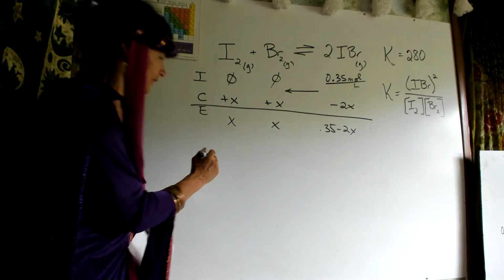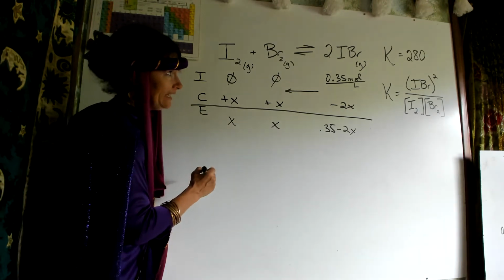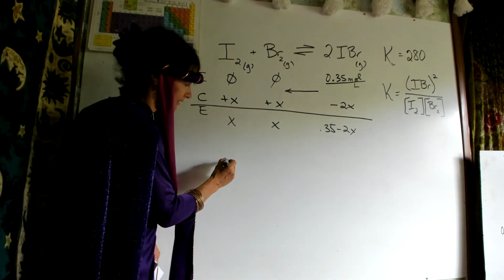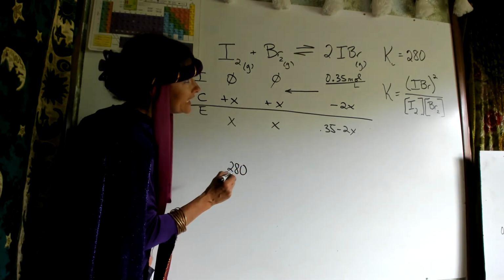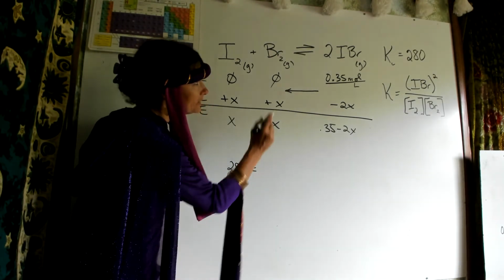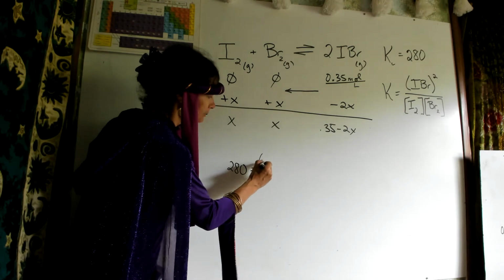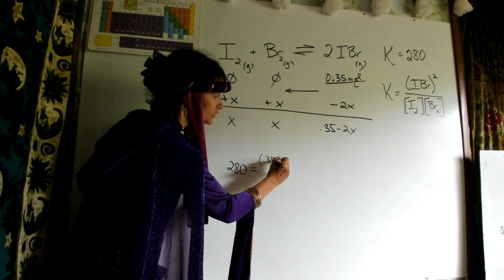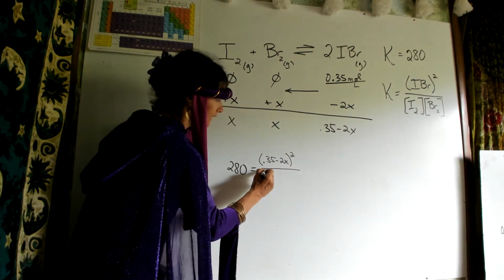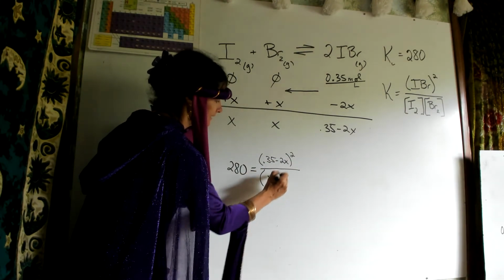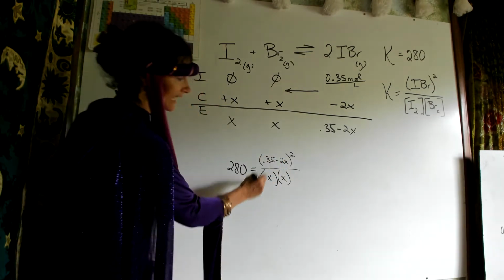Down here is, we know K. Well, we can do it over there, but I'm comfortable here. So my value for K was 280. It's going to be equal to the IBr squared, so (0.35 minus 2x) squared over x times x, the iodine and the bromine.